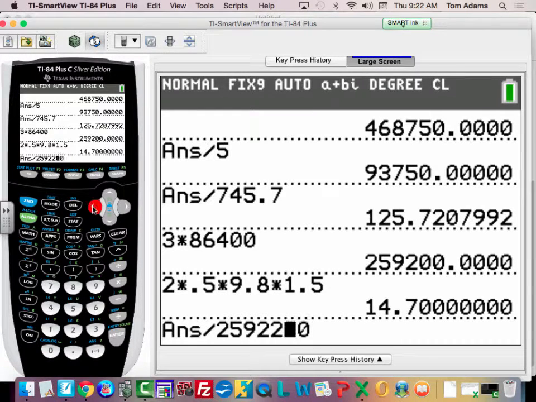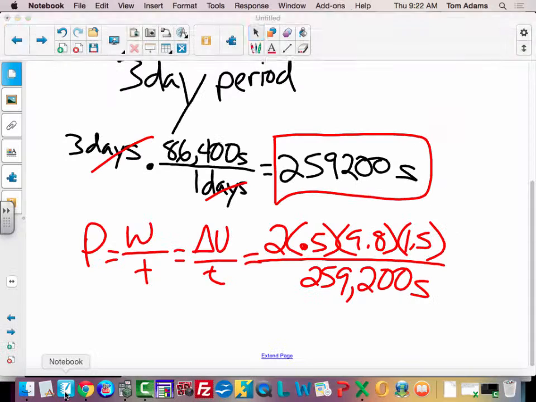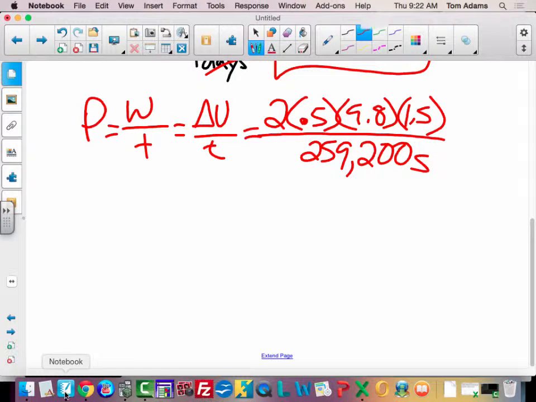That gives 5.7 times 10 to the negative 5, if I use sig figs and round. So the power, not average, the power was equal to 5.7 times 10 to the negative 5 watts.